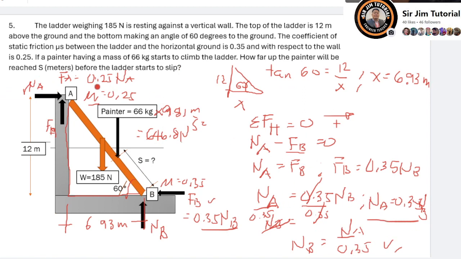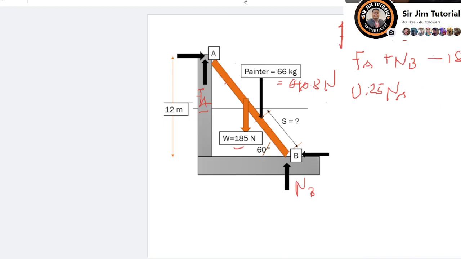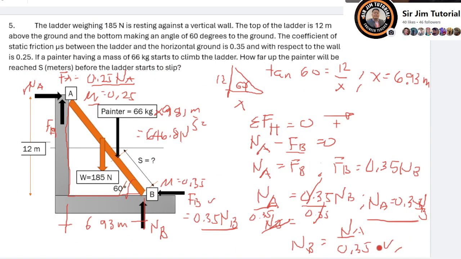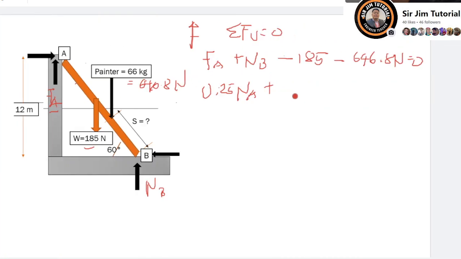And then NB, we can express NB as this one, NA over 0.35. So you can write NA over 0.35.